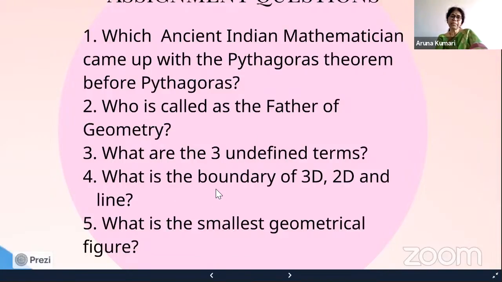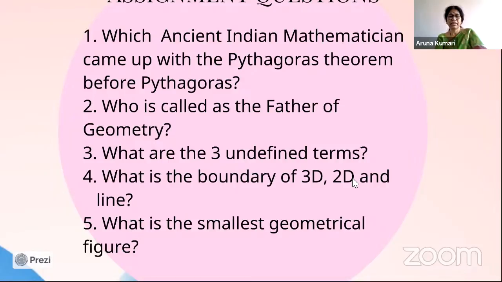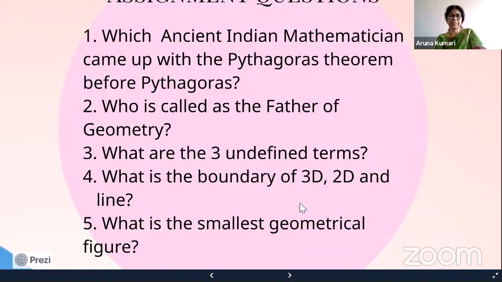Then what is the boundary of 3D, 2D, and line? The boundary, the limit of a 3D figure is a 2D figure. And the boundary of 2D, limit and boundary both are the same, students. The boundary of a 2D figure is a 1D figure, meaning a one-dimensional figure.